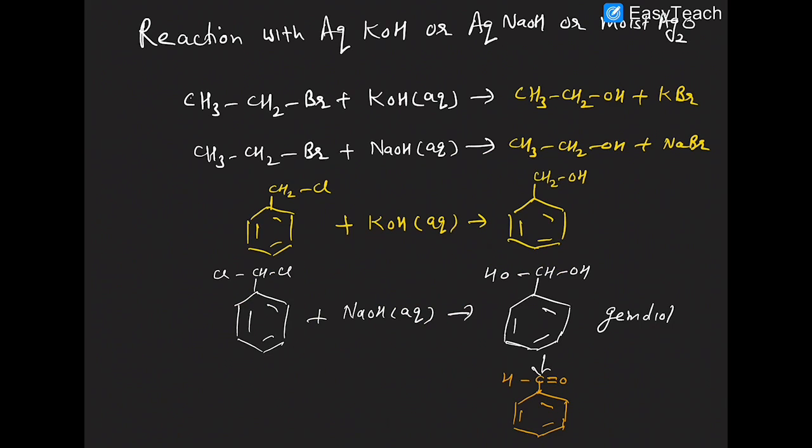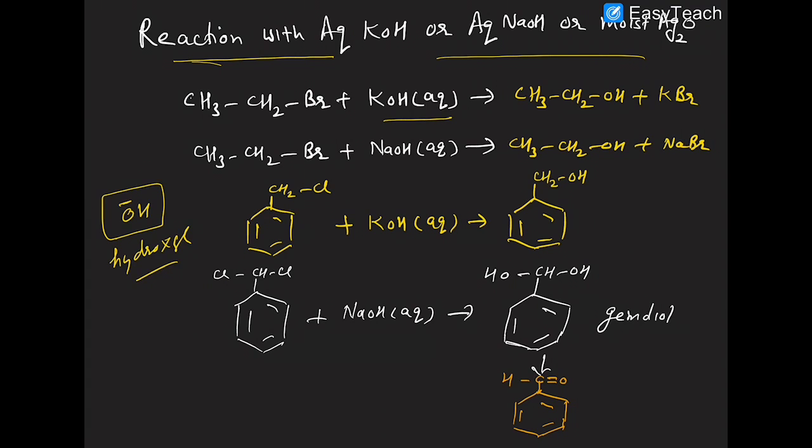Now first we will take the reaction with aqueous KOH and aqueous NaOH or with moist silver oxide. Now when we react with aqueous KOH, we get hydroxyl ion, and according to the nucleophilic substitution, a strong base can displace a weaker base.